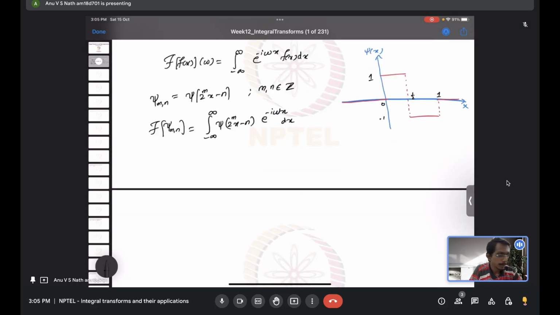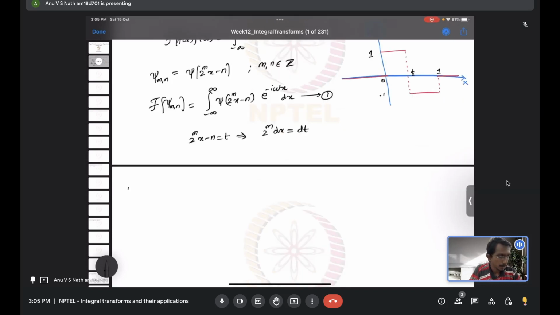Now we do a substitution. 2 raised to m x minus n equal to t. Let me call this expression 1. From this we get 2 raised to m times dx is dt. Now we substitute that back into expression 1 to get the Fourier transform of psi m,n. See the limits: earlier it was for x, now it is for t.